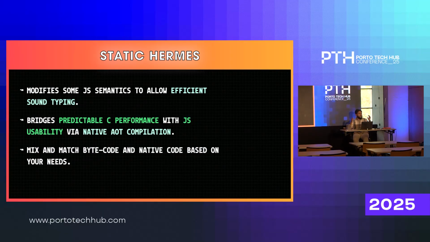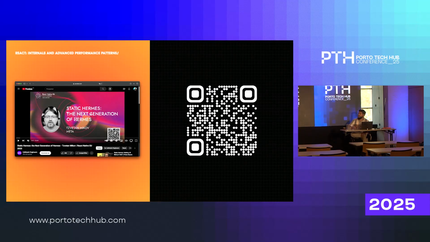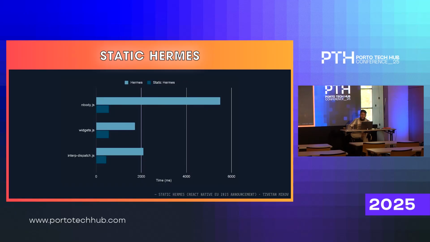But the idea is to bridge C performance and JavaScript usability on top of ahead-of-time compilation. And you can mix and match bytecode and native code based on your needs. There's this talk by one of the main guys working on this at Meta, his name is Tzvetan Mikov. It's super interesting, I recommend you check it out. And the benchmarks on this topic are super, super promising.